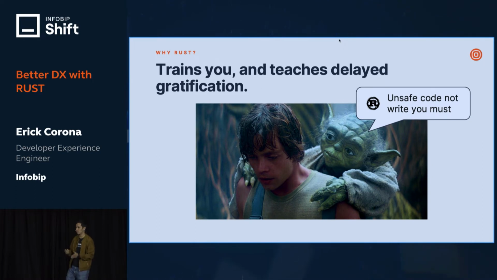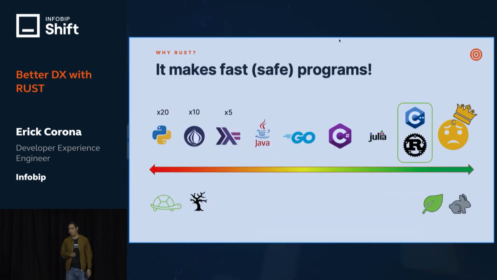Rust is to developers like Yoda was to the Jedi, because it's in your back telling you how to make safer code, and it teaches you delayed gratification, because at the beginning it's very difficult, it's tough to fight the compiler, but over time you get more and more productive, and it's actually very pleasant to use the language after some time, and it's productive.